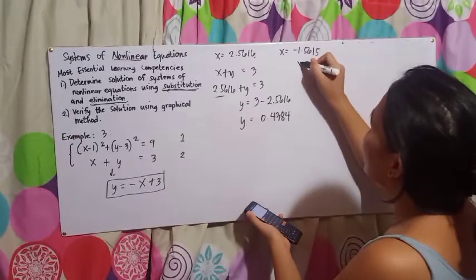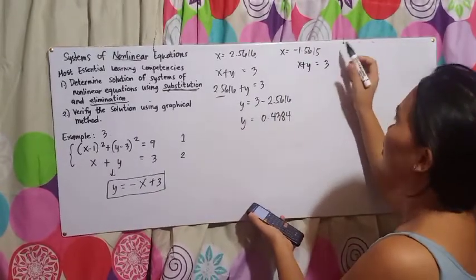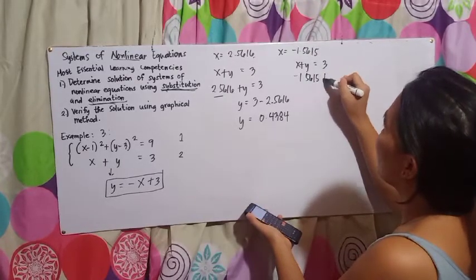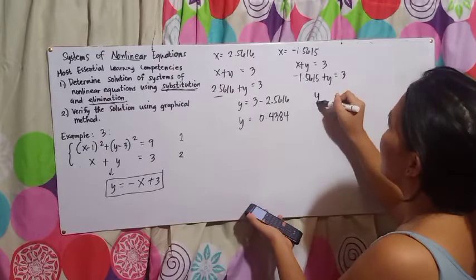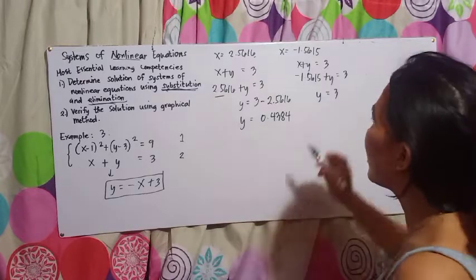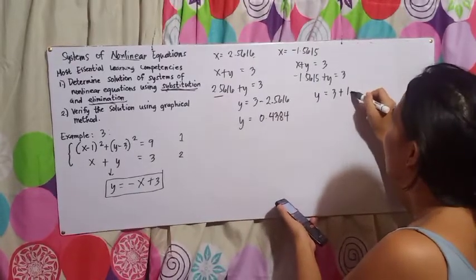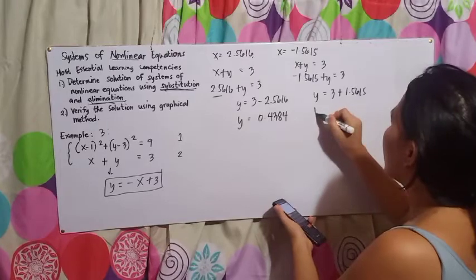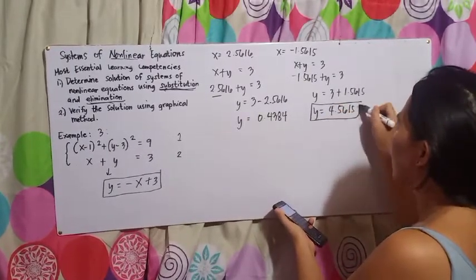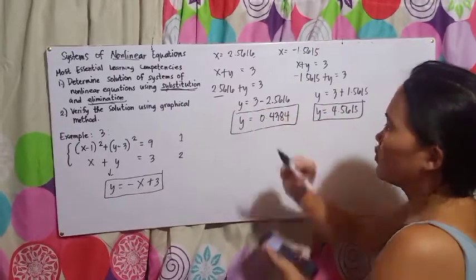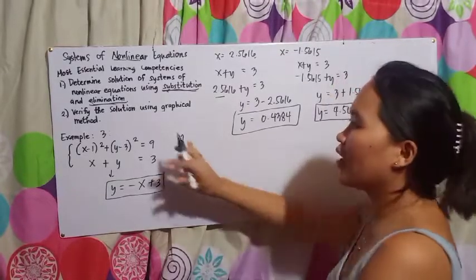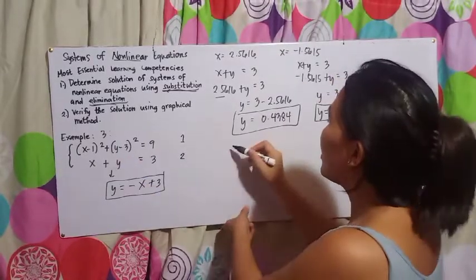Okay, so ang isa, x plus y equals 3. So, negative 1.5615 plus y equals 3. So, y equals 3, ang negative pag ibalhin sa right side, mag-change ang sign. So, y equals 4.5615. So, ordered pair, kung asa mag-intersect ang duha ka equation.